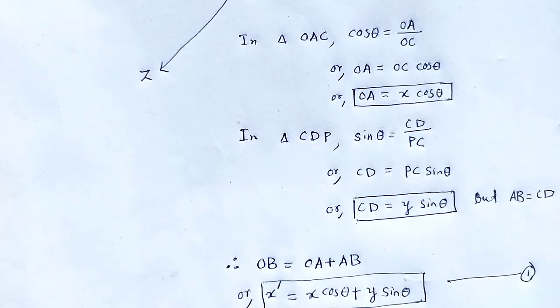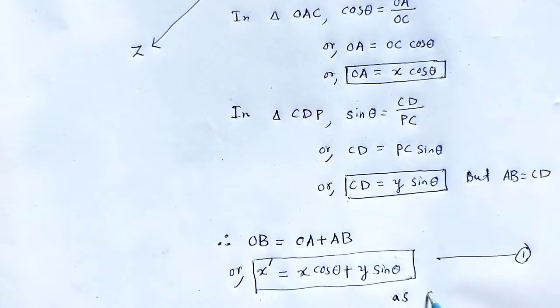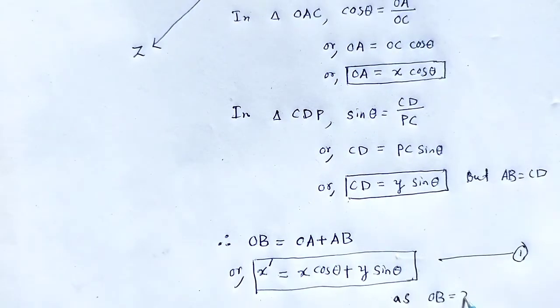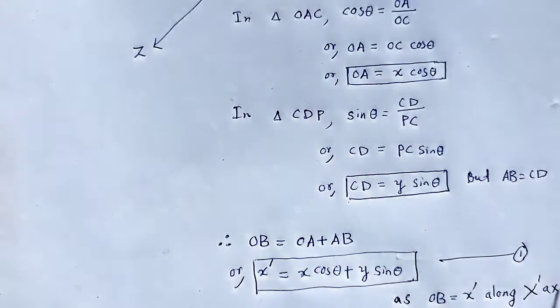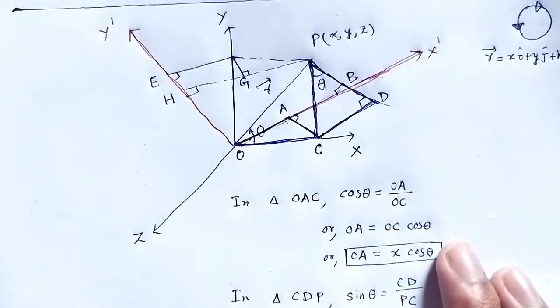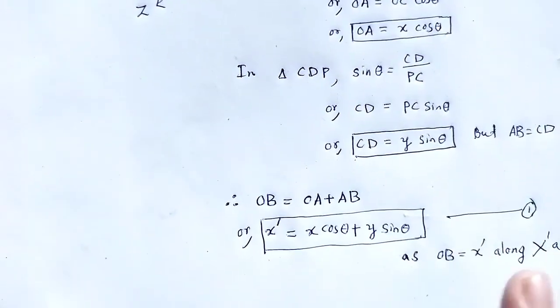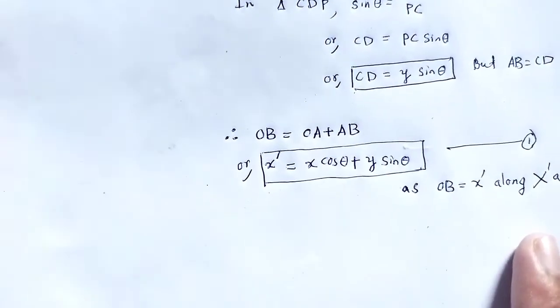Similarly, OB is equal to x dash along the x dash axis. So similarly, in the case of the y dash axis, the mathematical construction looks like this.